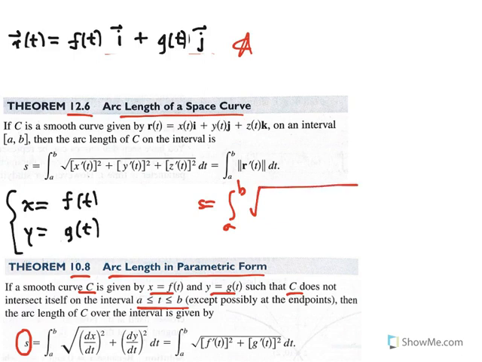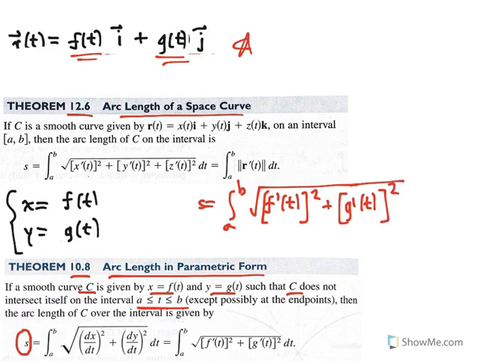So you'll have, if I'm using f of t and g of t for my component functions, I'll have f prime of t squared plus g prime of t squared, and we'll integrate with respect to t.